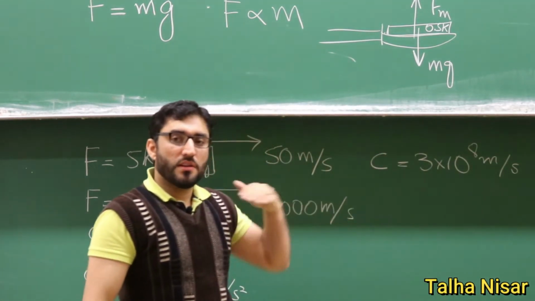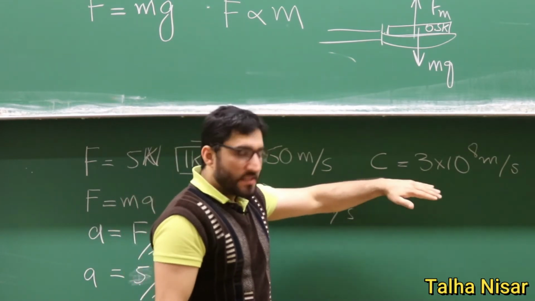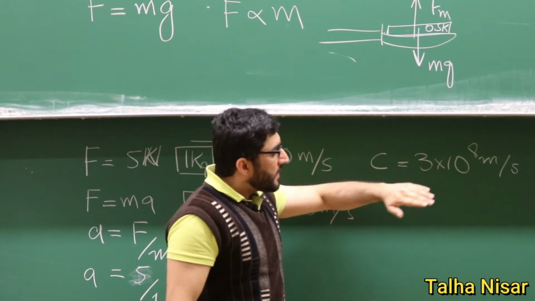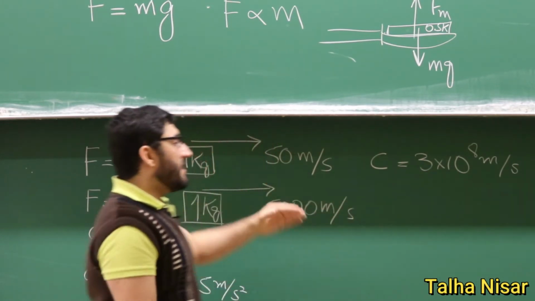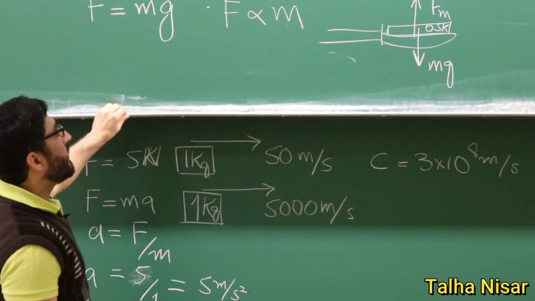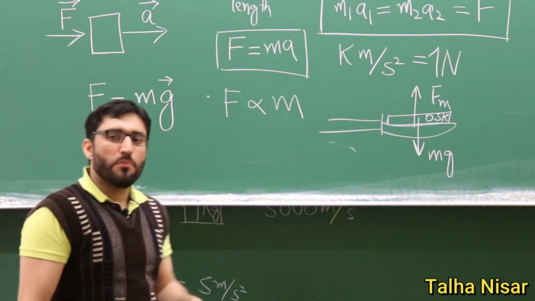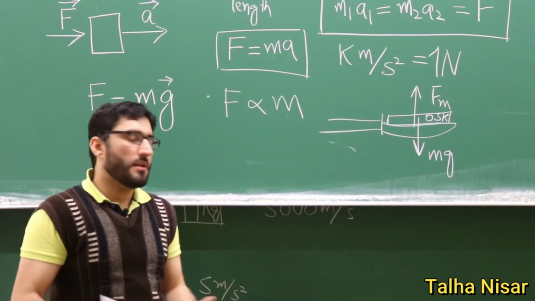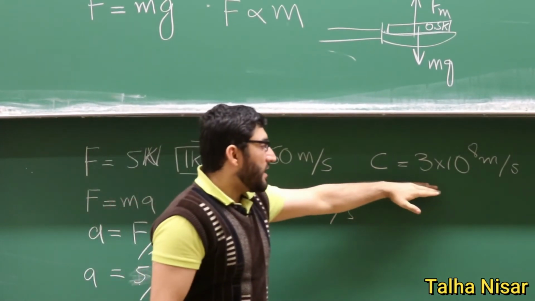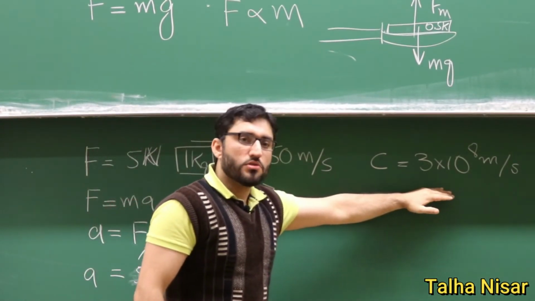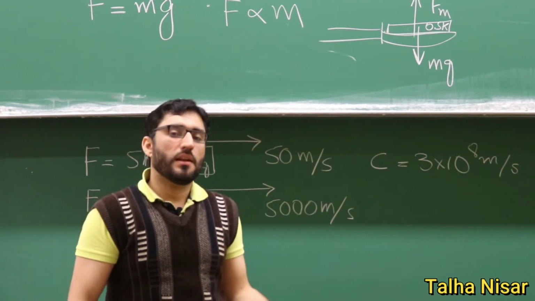According to Einstein's theory of relativity, if something is moving with the speed of light or even close to the speed of light, we cannot apply Newton's laws of motion, or we can say Newtonian mechanics or Newtonian physics, we cannot use. Then we have to use Einstein's theory of relativity.